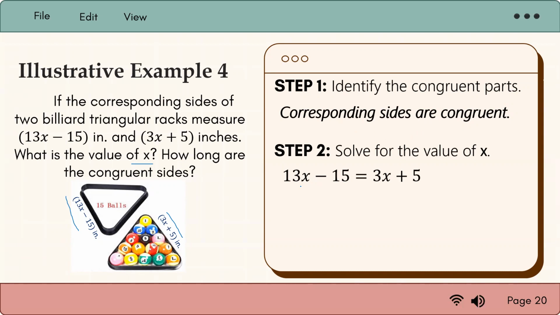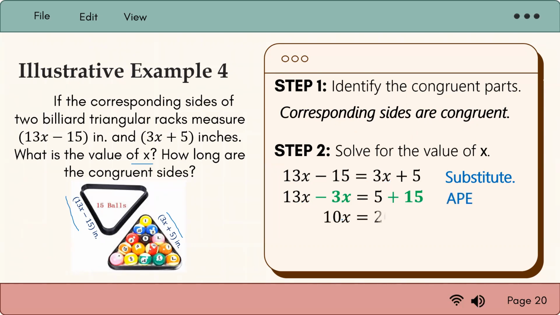Corresponding sides are congruent, that is the theorem. So 13x minus 15 equals 3x plus 5. Then we put together all the terms with variable x on one side and all the numbers on the other side. So 13x minus 3x equals 5 plus 15.